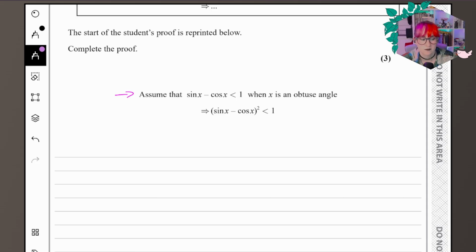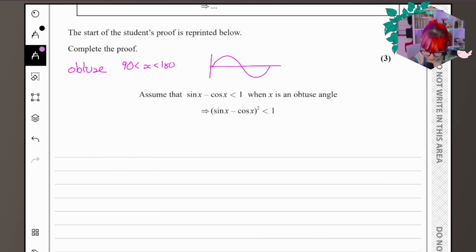Obtuse, x is greater than... Things that are important to know for this: obtuse means that x is between 90 and 180, which means that sin x, draw the right one, and cos x.